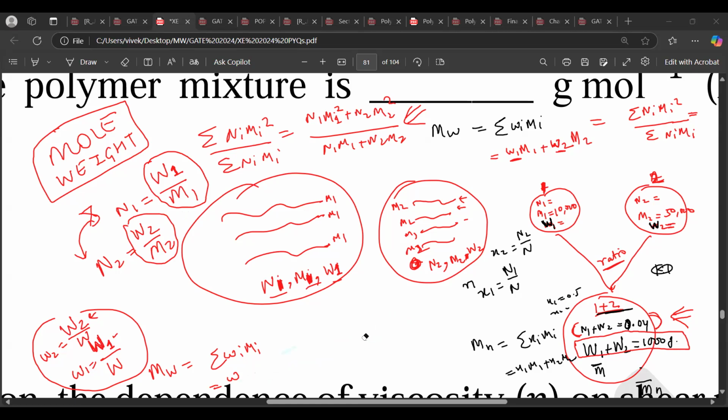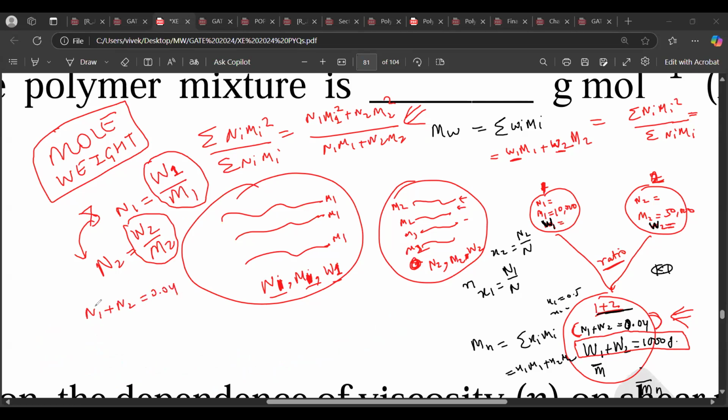So I thought a lot about this. I'm telling you honestly, this is not very easy to spot. I struggled a bit because it's very different. So you have one equation, N1 plus N2 equals 0.04, N1 equals W1 by M1. Let me write M1 given, na? 10,000.